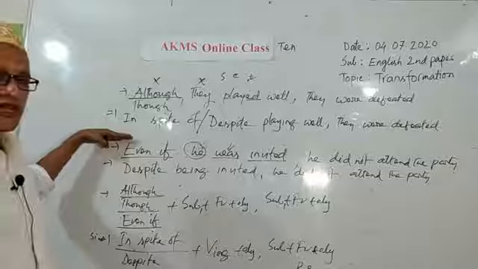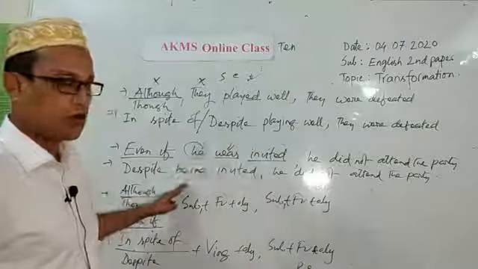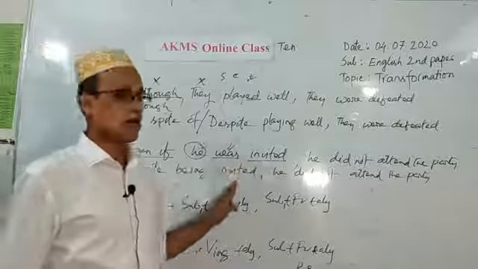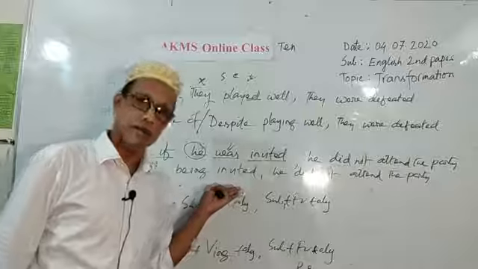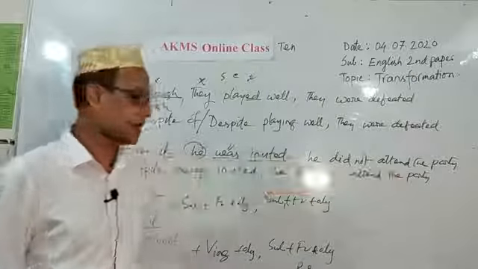In place of even if, I have used despite, and then the ing form of was, that means be, being, then the past participle of the principal verb, and then the principal clause.